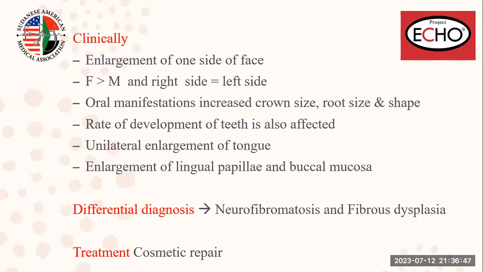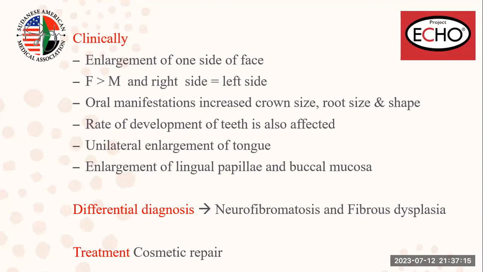Oral manifestations will show as an increased crown size, root size, and also the entire tooth. The rate of development of the teeth is also affected on the affected side. They grow faster than their counterparts. There is unilateral enlargement of the tongue, so half of the tongue is enlarged, and there is enlargement of the lingual papilla and buccal mucosa on the affected side.